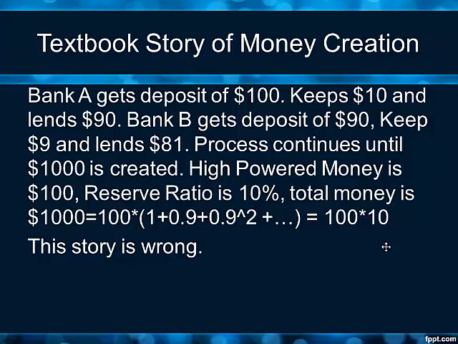So it keeps $10, and then it takes the $90 that it has received, which is excess, and lends it to somebody else, and then they deposit in their bank, and from that 90, the next bank can keep $9 and lend $81, and so on. So this process continues, and with 10%, you get 1 over 1 minus 0.9, a multiplier of 10. So if there's a $100 deposit, it creates $900 of additional money. This is not how the thing works.